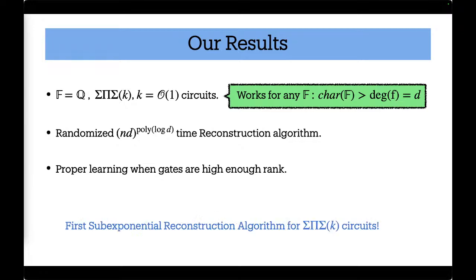And this is the first subexponential reconstruction algorithm that we know in the setting of depth 3 constant top fan-in circuits. So that is our big result. And any questions?